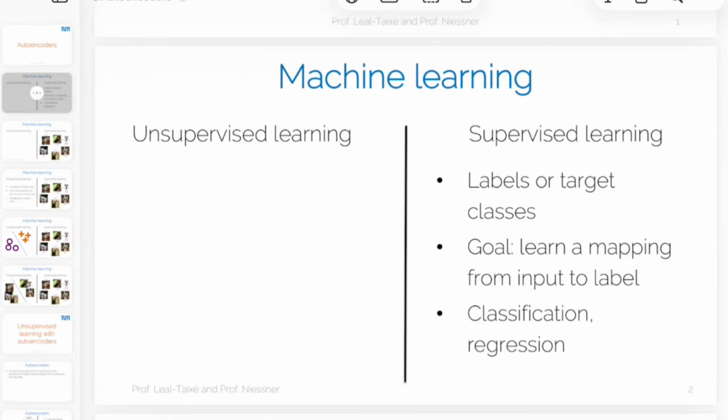In machine learning, most of the techniques which we have seen till now were related to supervised learning, because we were having the labels. Whenever I say supervised learning, that means we are having the target labels, and our goal is to map from input to labels.